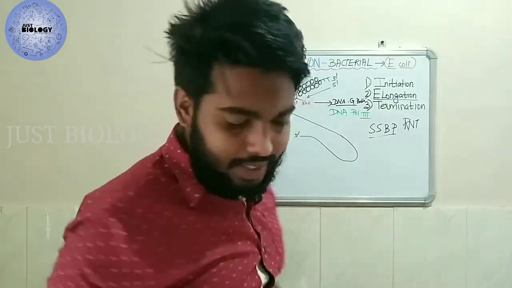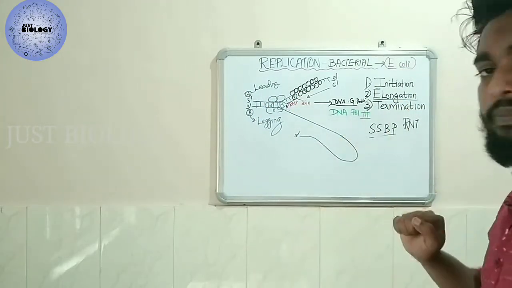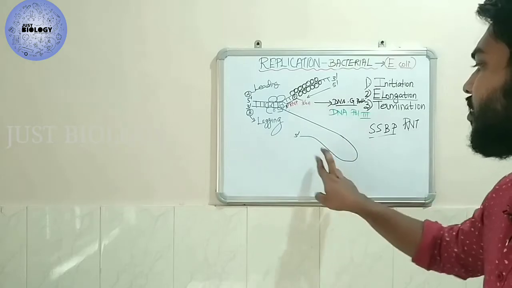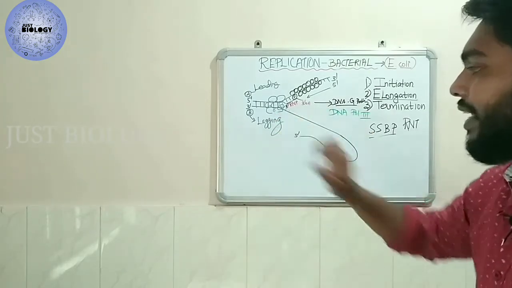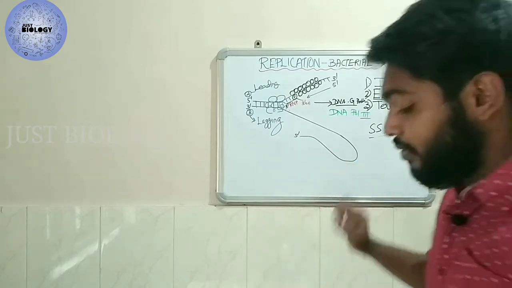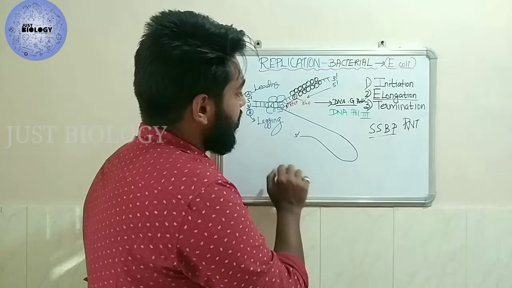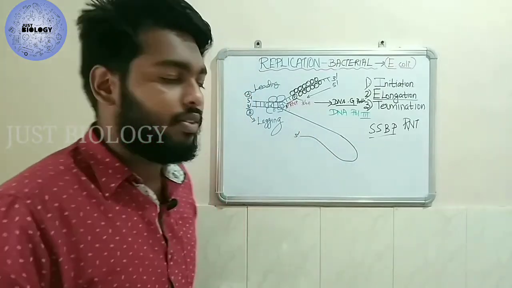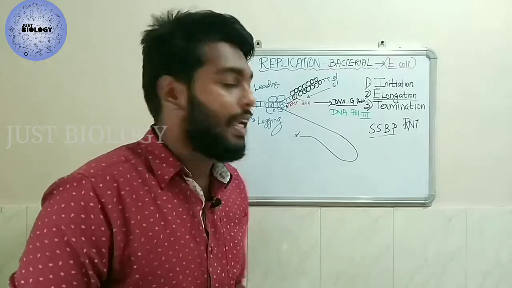Now just imagine this DNA is turning up. Just make it turn for the synthesis of the lagging strand. We should understand this clearly, because it is a little bit confusing. You may get confused in this region, so that's why I'm telling you again and again.